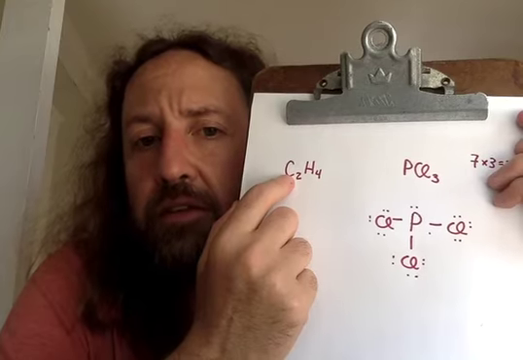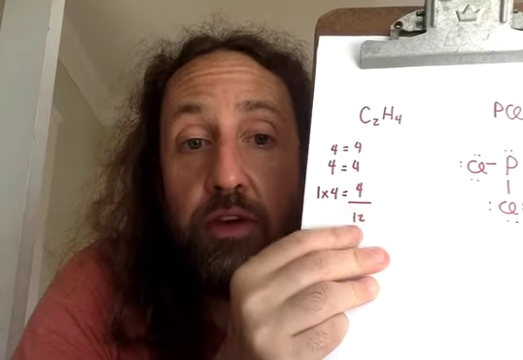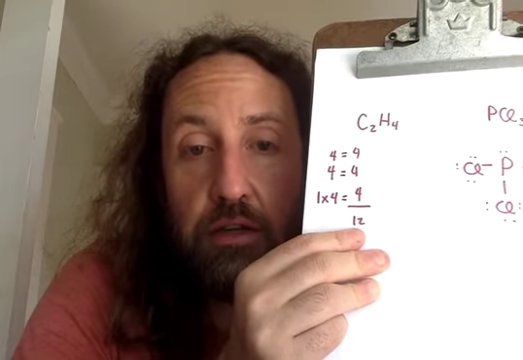So let's take a look at these carbons here. The carbons each have 4 valence electrons. So I'm going to write down 4 and 4. And then the hydrogens each have 1. And so 1 times 4 is 4. So 4, 4, and 4, I have 12 total valence electrons in this guy, okay?